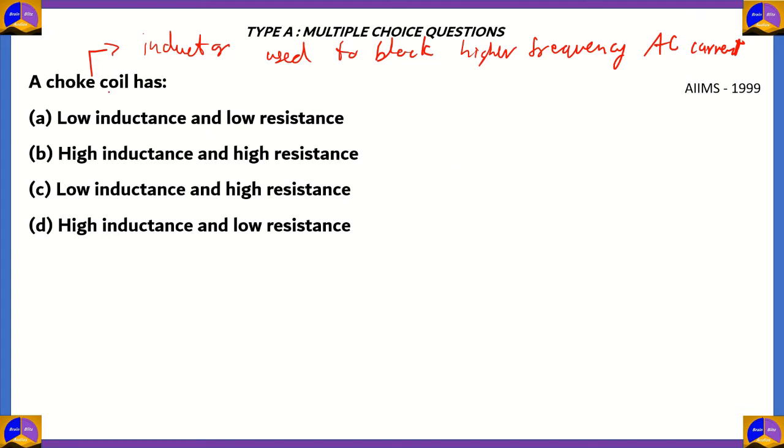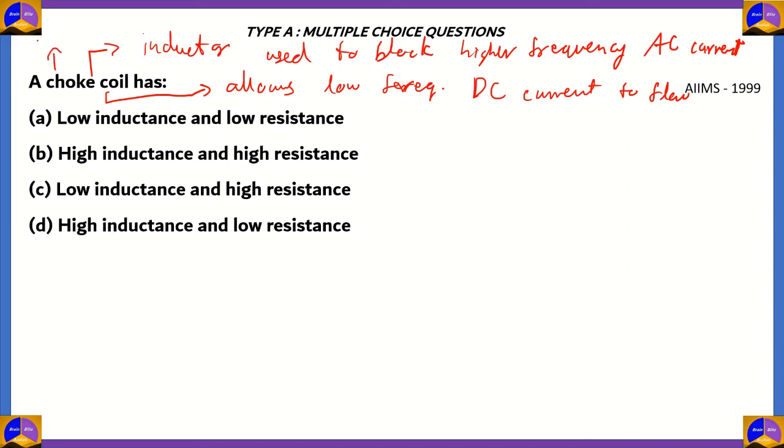And this choke coil also allows low frequency DC current to flow. And it does that due to the fact that a choke coil has a high amount of electromotive force, or EMF.